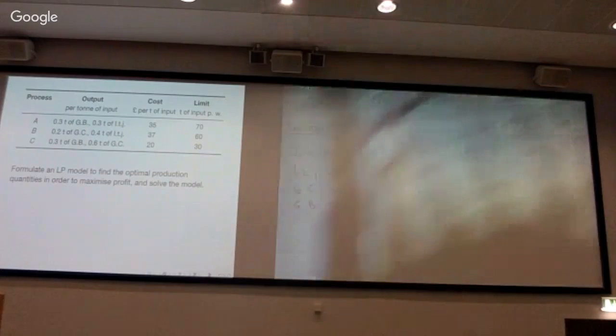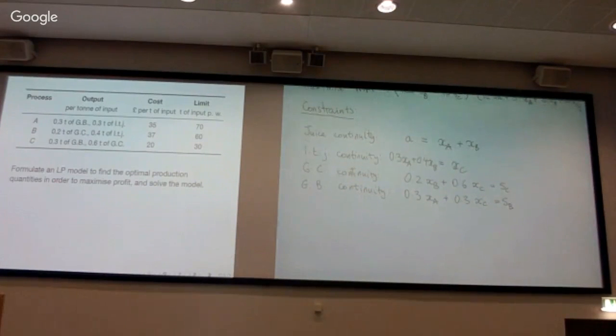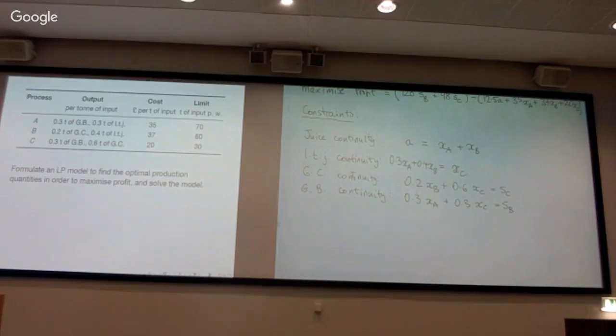Any more constraints? Limits. That is indeed key.